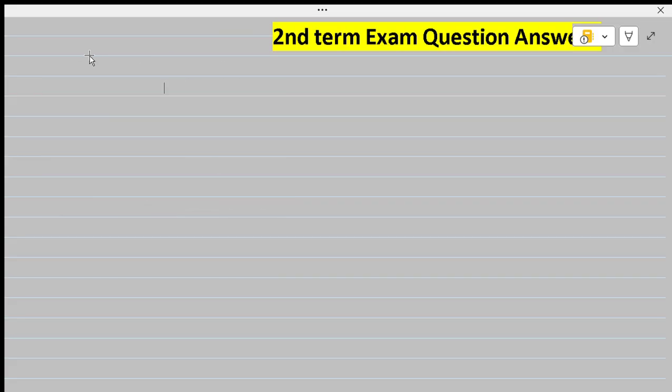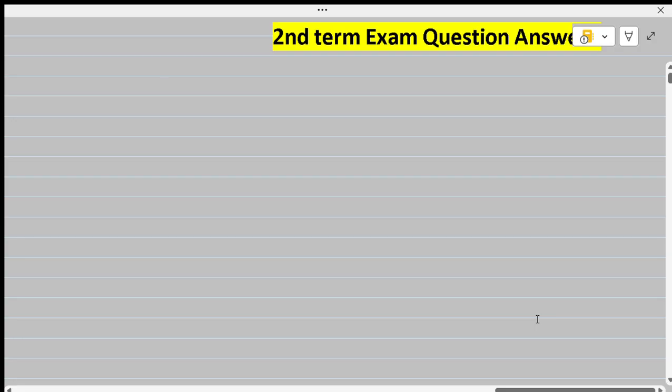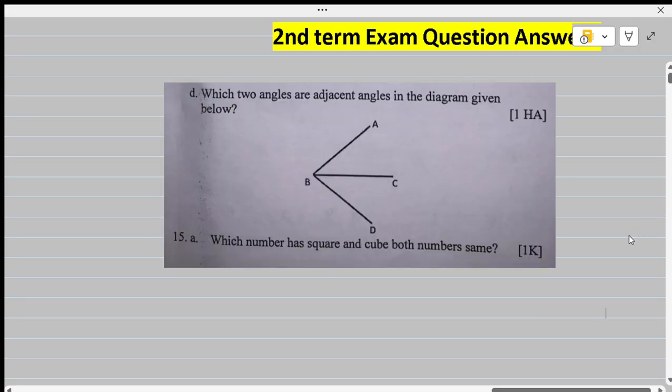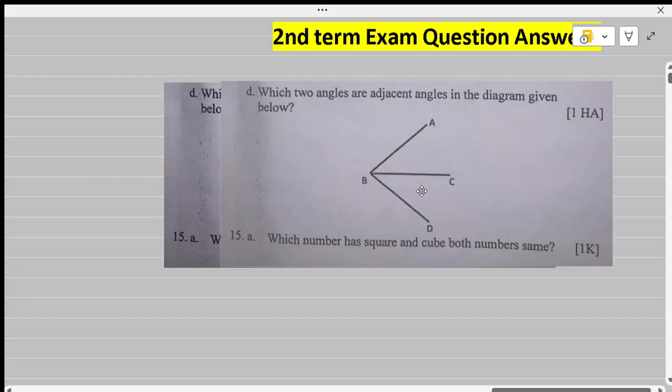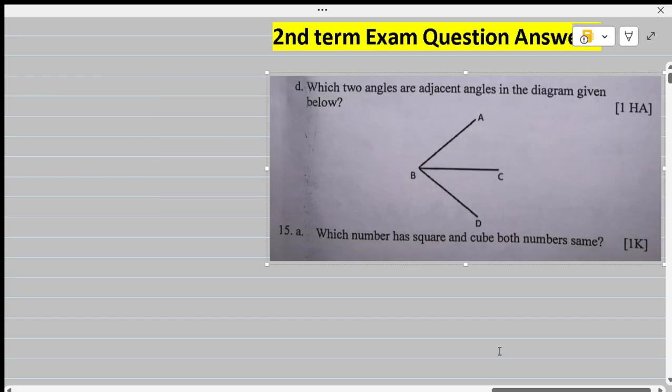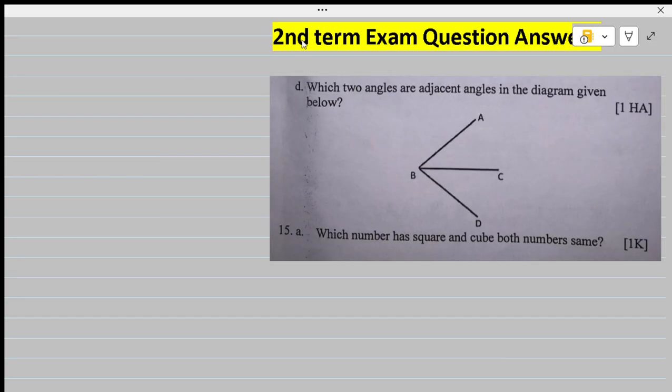Okay, so one D number remaining of 14, right? So let's do D. First go with this D number of 14.